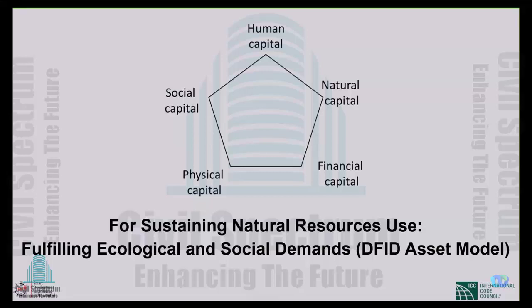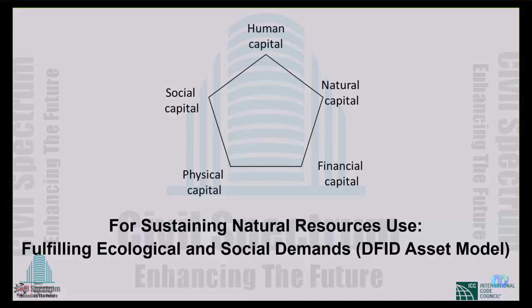Societal value is one thing. For the environment and natural system, you have to look very carefully. The present level of asset, we should not deplete. So for sustainable natural resource use, we cannot deplete any natural asset now or in the future.